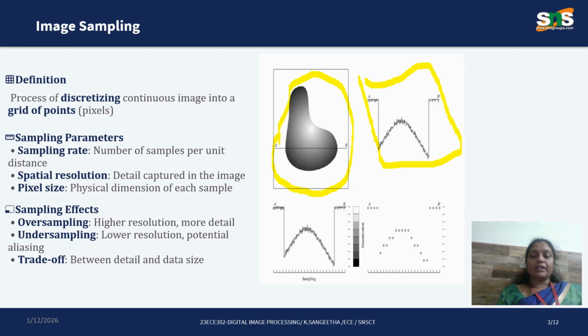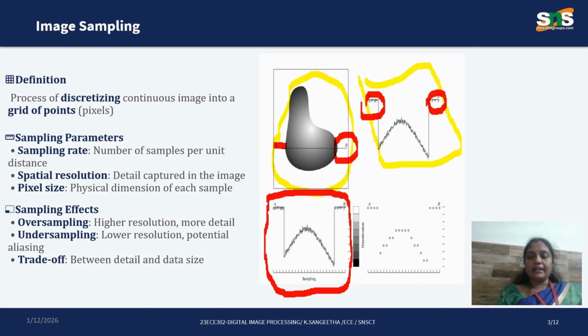Initially there is no picture, so it is indicated here, and at the end there is no image, so it is indicated here. According to the gray value, we have drawn a map, and this is the sampling, and here there are different gray values. Mapping this discretization of spatial values to the different gray values is called quantization.